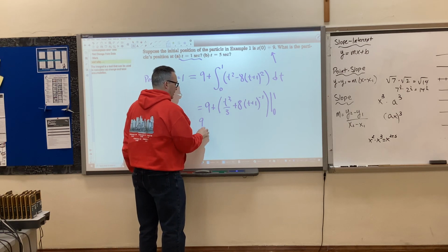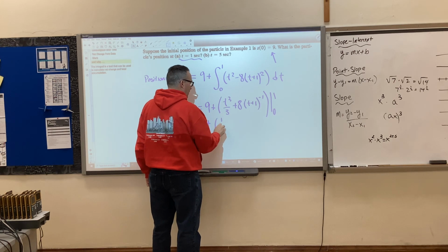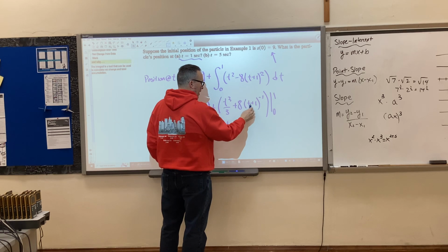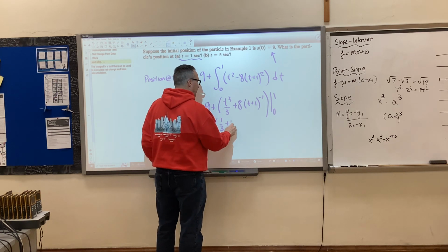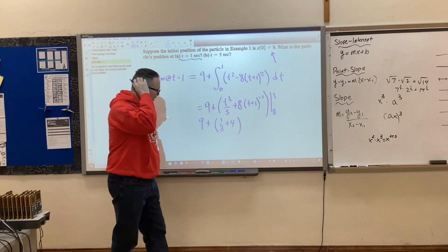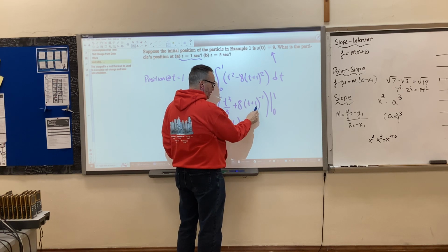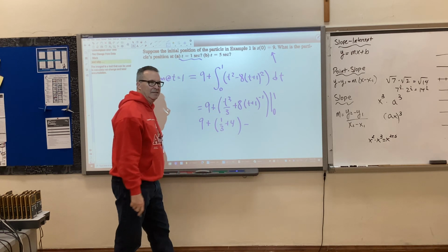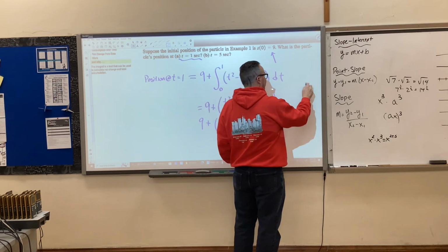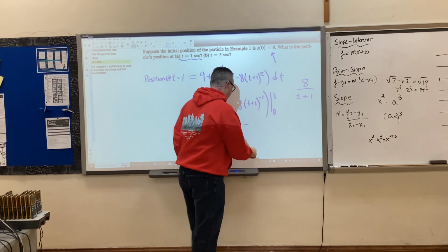So it's 9 plus, with 1 plugged in, this is 1 third, plus this is 8 over 2, so 4. 0 plugged in is 0, and 0 plugged in here is 8, and 0 plugged in is 0 plus 1.